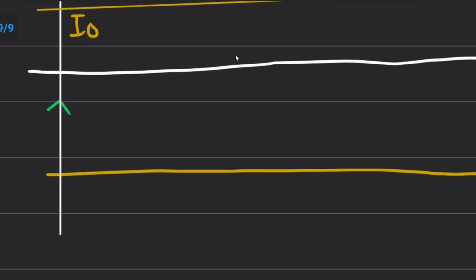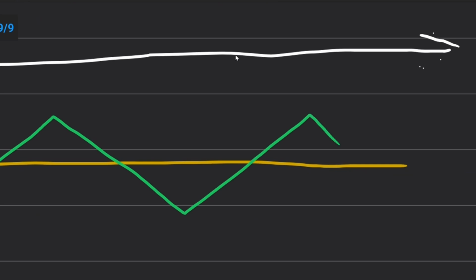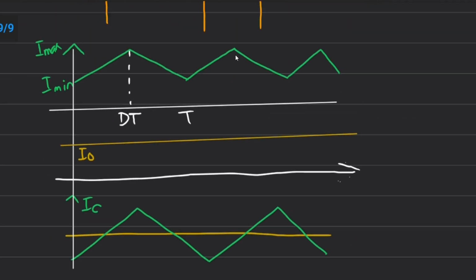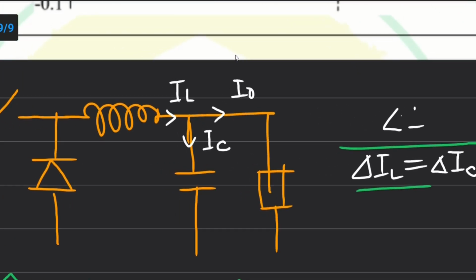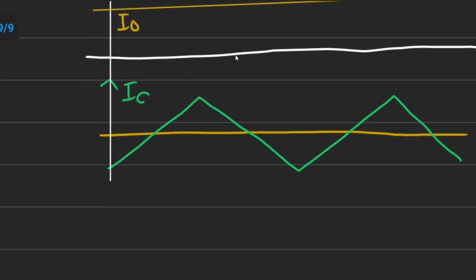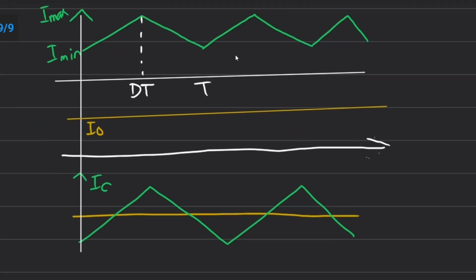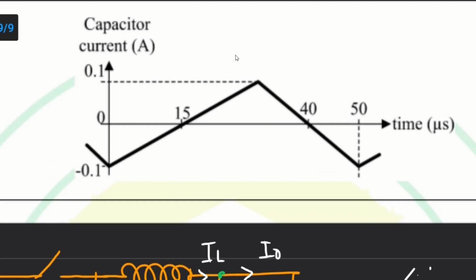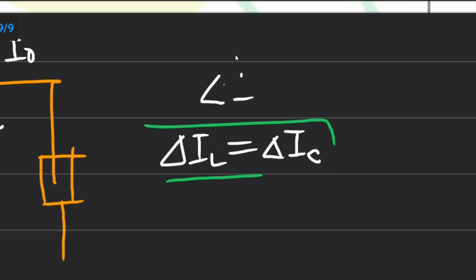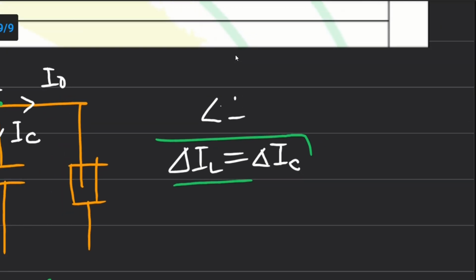This will be our capacitor current IC. So IC plus I naught becomes IL at this node. Now this IC waveform is given in the question, and we already deduced that the ripple in the capacitor current is the same as in the inductor current.